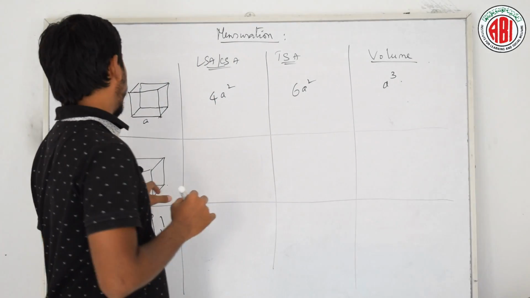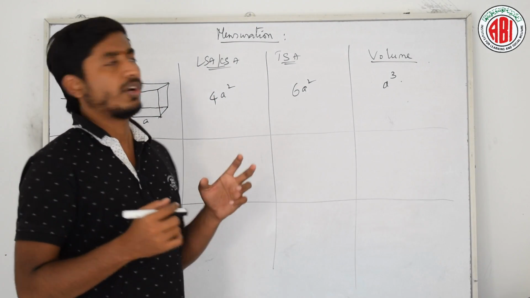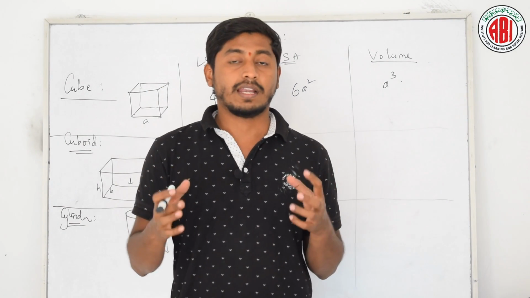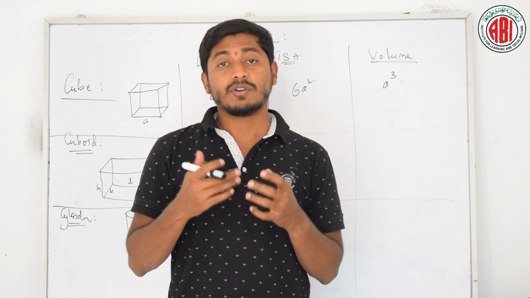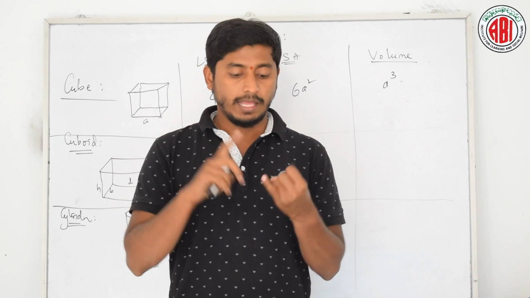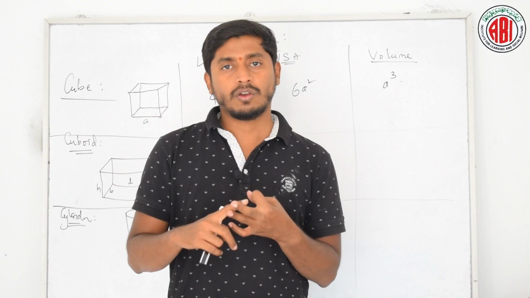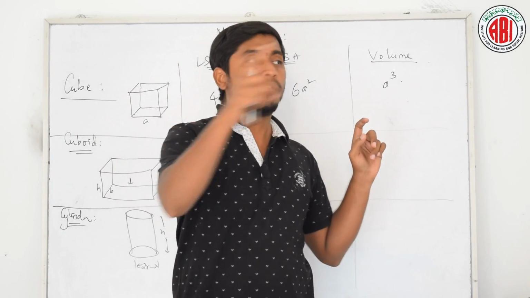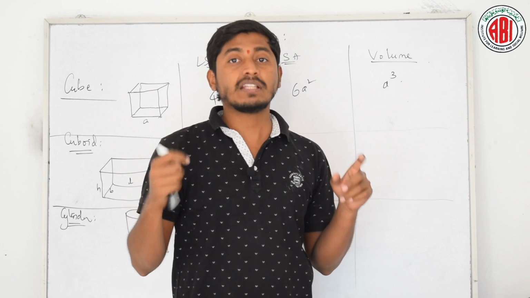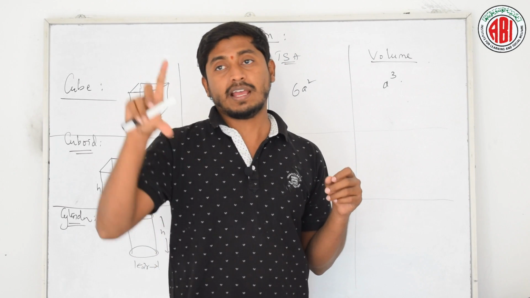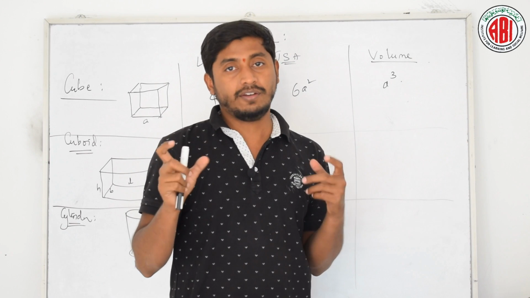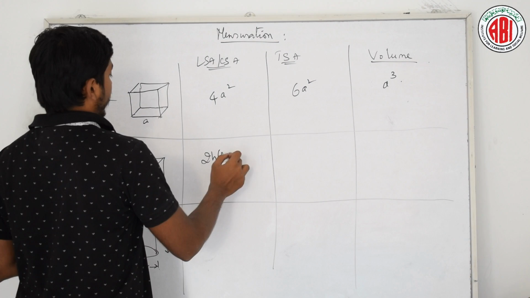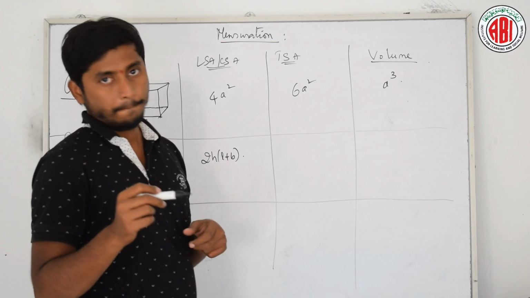Now the next shape, that is cuboid. What is a cuboid? Cuboid is a simple extension of cube. A cube will have all dimensions the same, and a cuboid will have length, breadth, height. Then what is its LSA? It will have 4 sides in which length and height, breadth and height are involved. Therefore, we can write LSA of this as 2h into l plus b.